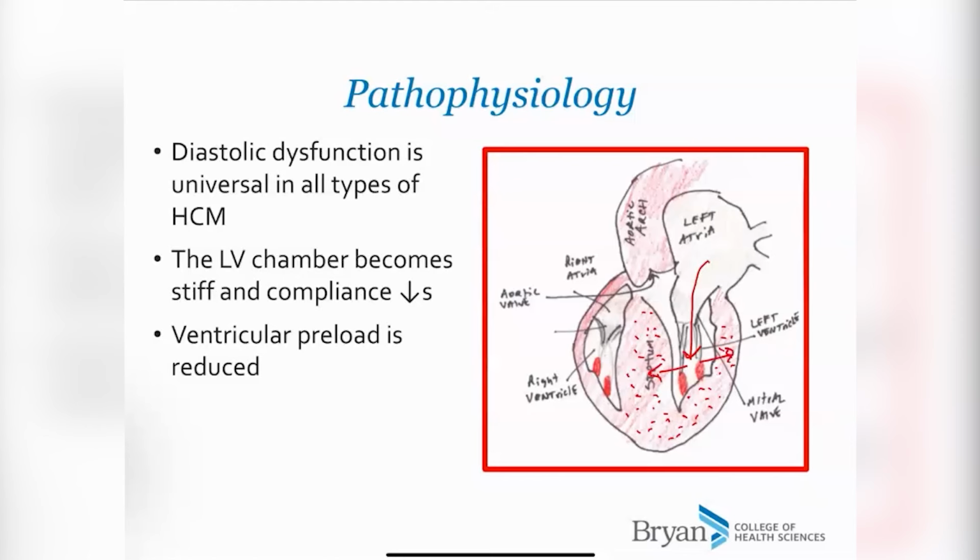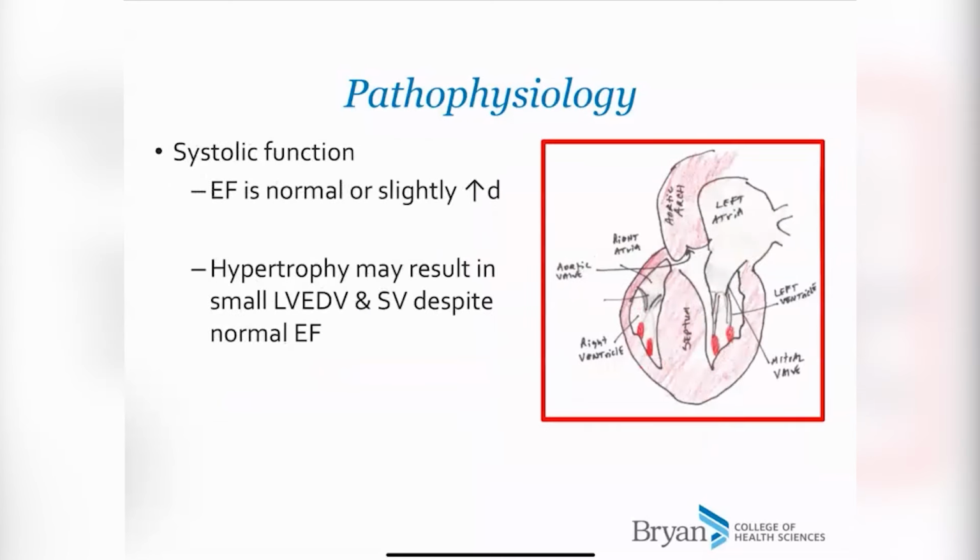So diastolic dysfunction develops as the ventricle is not able to stretch to accommodate the blood flow that comes in. The left ventricle becomes stiff, its compliance goes down, and therefore ventricular preload is reduced and its ability to fill becomes reduced. Systolic function, when we look at ejection fraction, is normal or maybe even slightly increased.